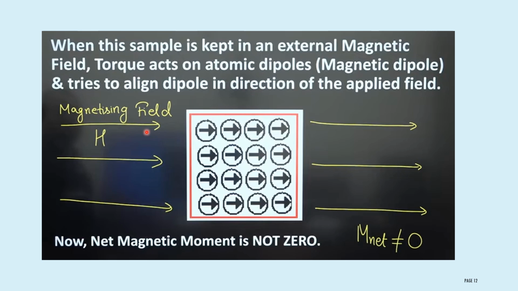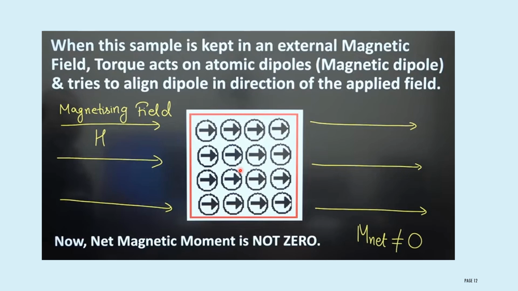But when you apply a magnetic field, torque acts on an atomic dipole. Therefore, all the magnetic dipoles will be aligned in a single direction with the help of the applied field. In this case, the net magnetic moment will not be 0.